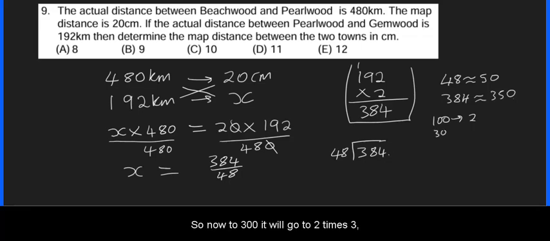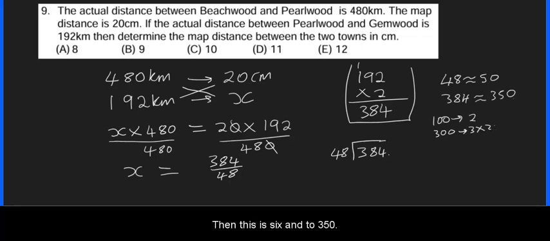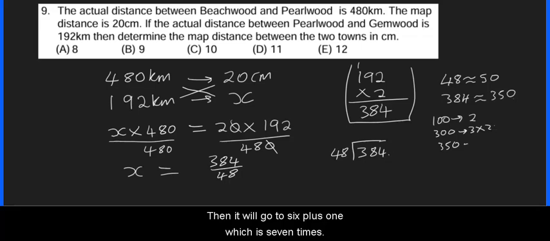So now to 300, it will go 2 times 3, which is 6 times. Then to 350, it will go 6 plus 1, which is 7 times.